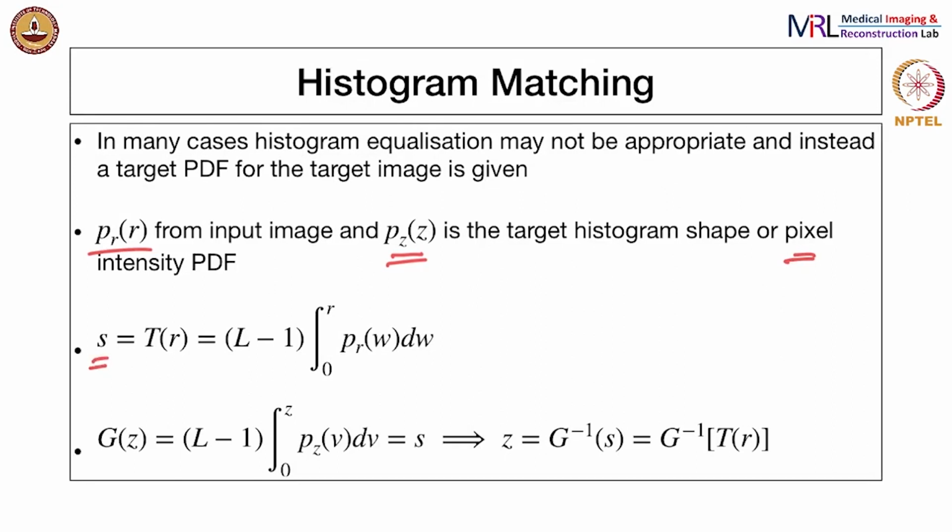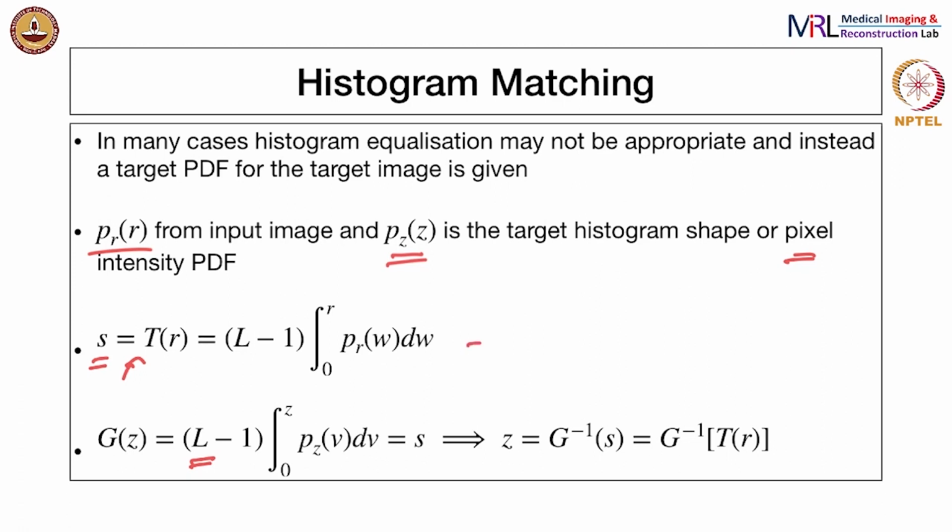So this is T of R. We take this and do the cumulative PDF calculation to get S. Similarly, with P subscript Z, which is also given as the target histogram, we do a similar transformation. Now we have to identify that these two are the same.